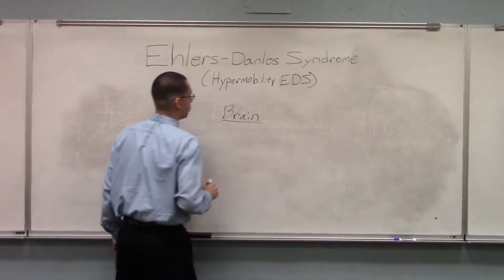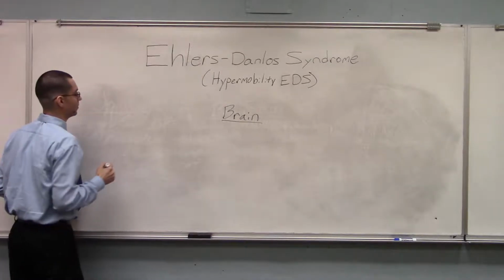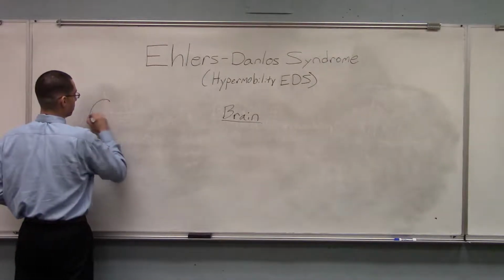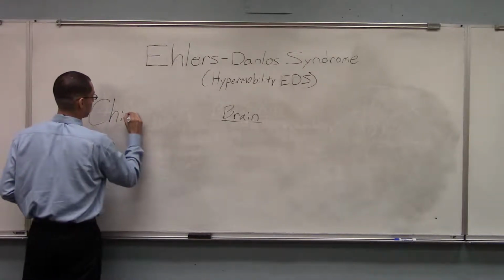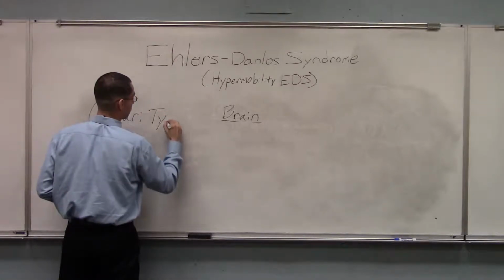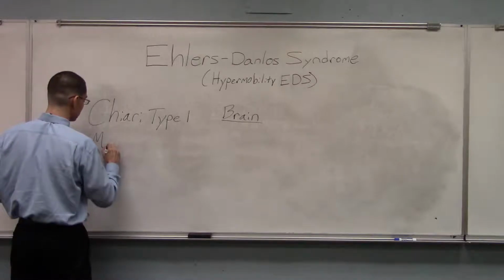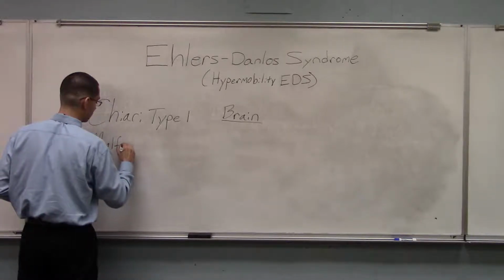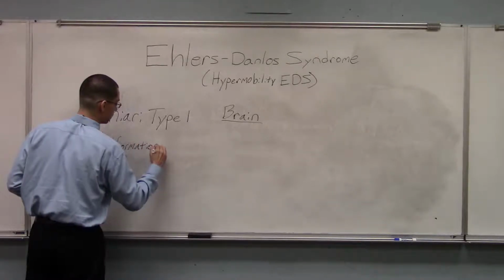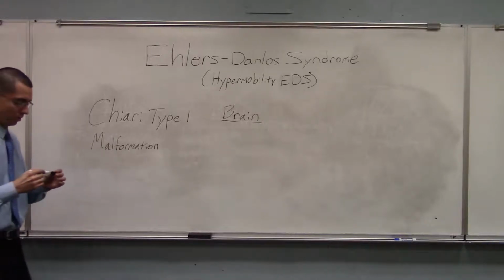What can happen to the brain in a patient with hypermobility EDS? Patients may present with what is called Chiari type 1 malformation.